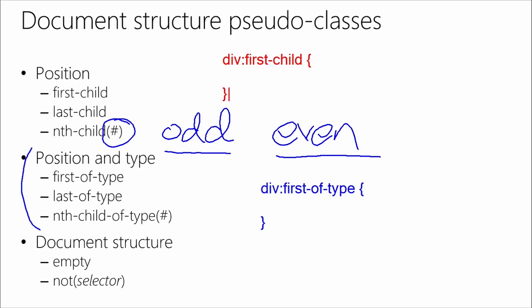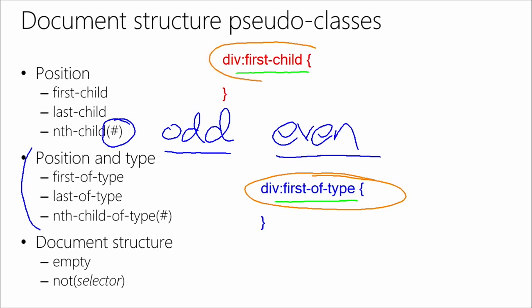All right, so what's the difference between me saying first child and me saying first of type? It's a great question. And the answer is that first of type is going to be based on where that div tag is on the entire page. So it's the absolute first div tag.